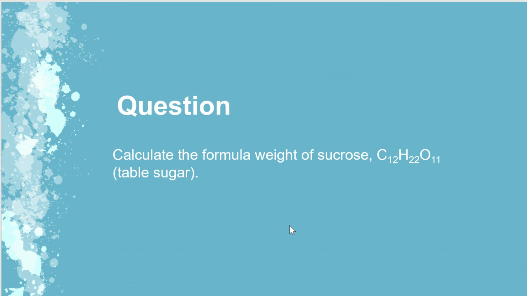All right, so the question here is: calculate the formula weight of sucrose, which is C12H22O11. Take a second and calculate the formula weight of sucrose, which is table sugar.